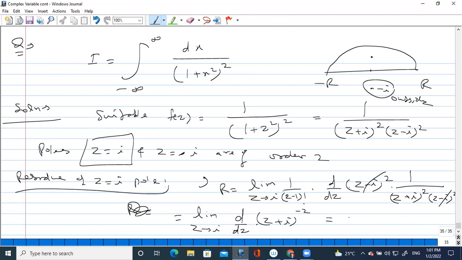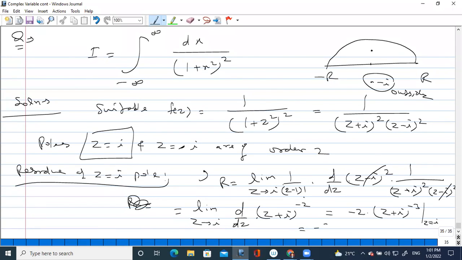So answer will be minus 2 (z plus I) to the power minus 3, and limit is z equal to I. So minus 2 divided by (2I) to the power 3, means 8 I cube. So from that I will be left and minus minus will become plus. So answer is 1 upon 4I. So this is your residue.